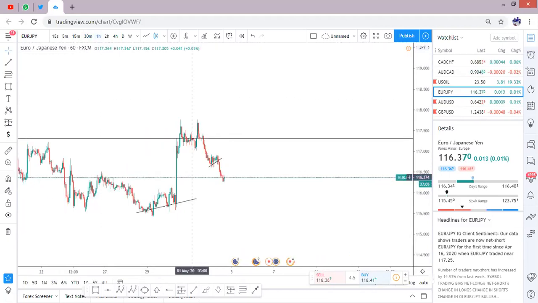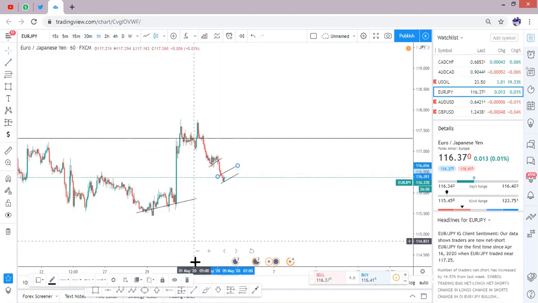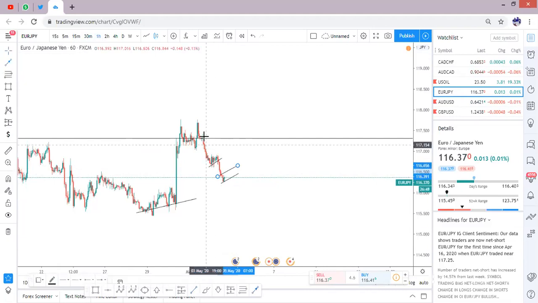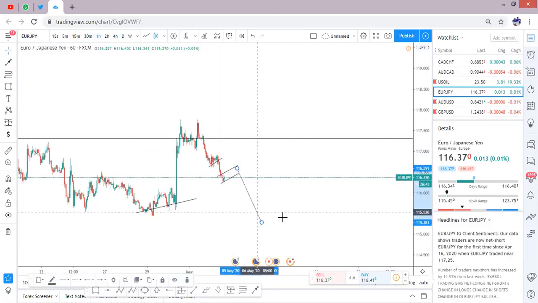So I just have to anticipate that movement. Then I'll measure movements. So it's very easy.